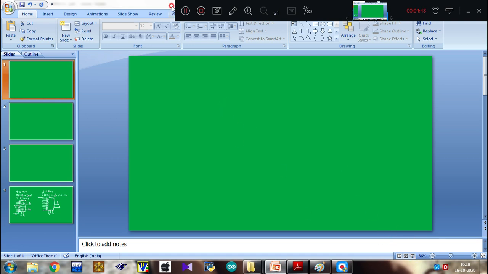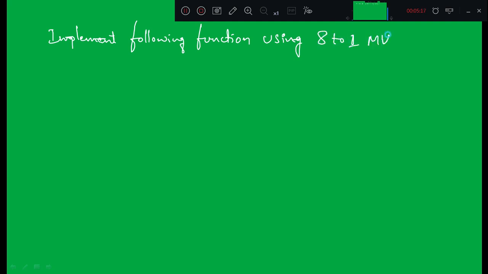Let us take the first example: implement the following function using an 8:1 mux. For an 8:1 mux, you have to use 74151. Sometimes they will give the IC number, and sometimes they will give which mux you have to use.